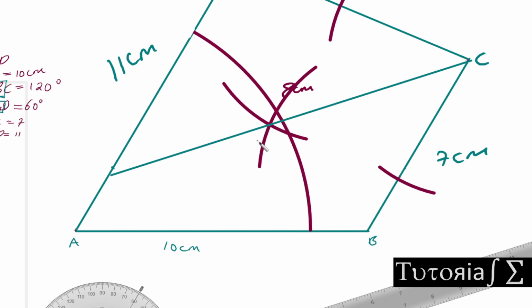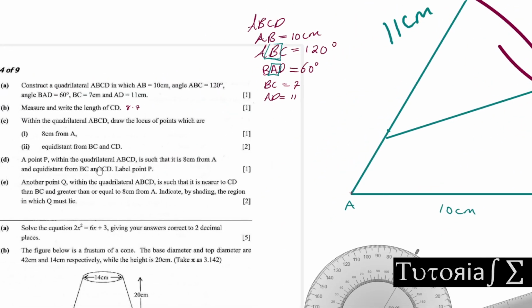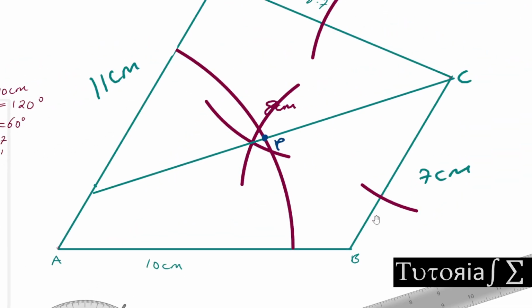Then equidistant from BC and CD. So technically the point needs to be the intersection. So this is where P will be, and we are done with that question. You just find the intersection.